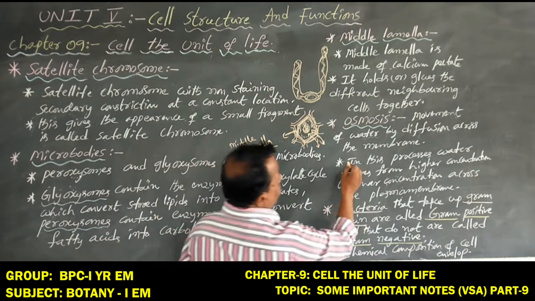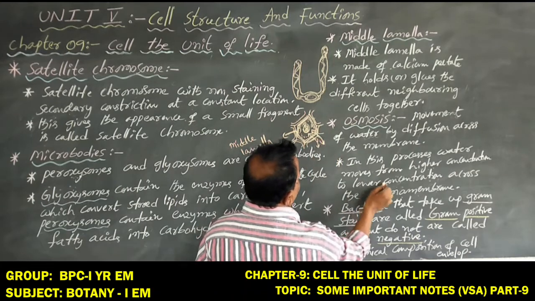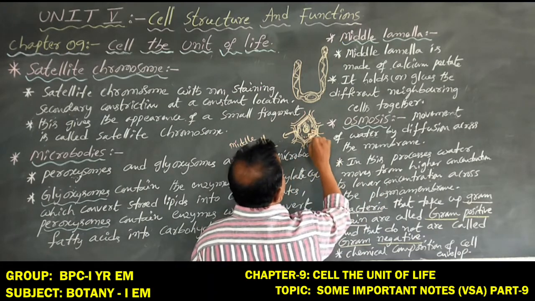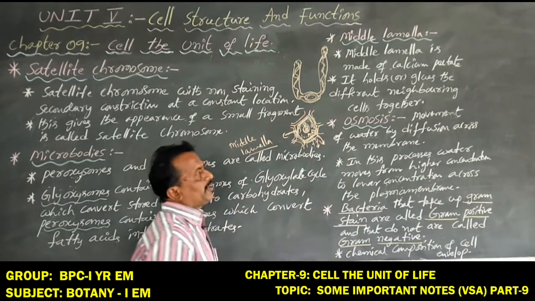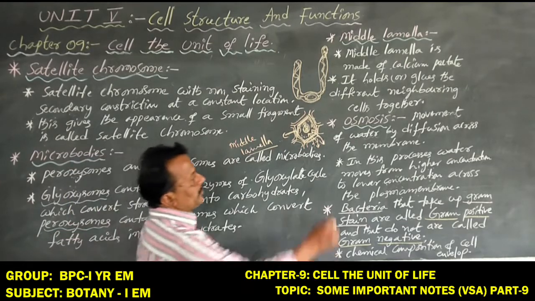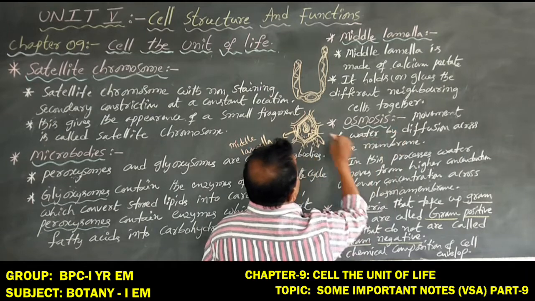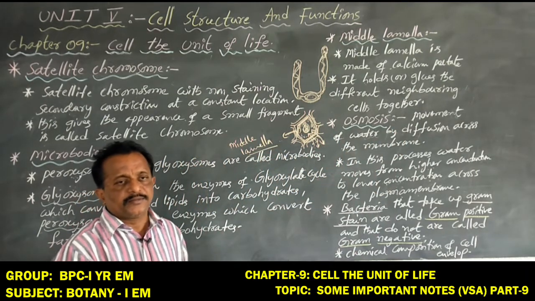Okay now. In this process, water moves from a higher concentration region to a lower concentration region across the plasma membrane, or across the cell membrane, and that is known as osmosis. Okay now, osmosis, the movement of water by diffusion across the membrane, is observed in a typical plant cell.